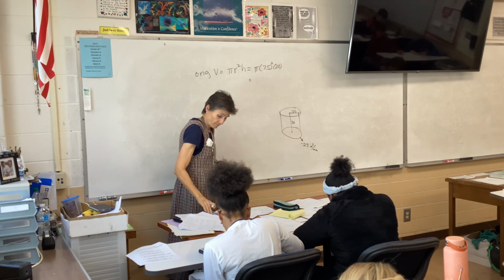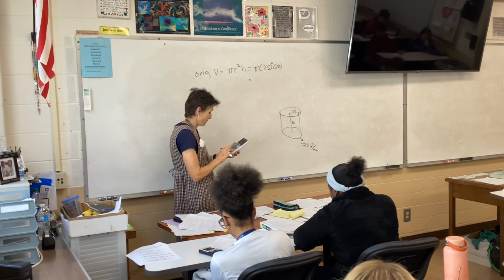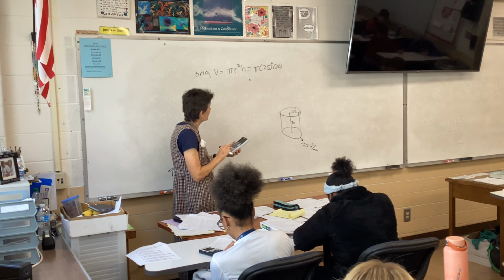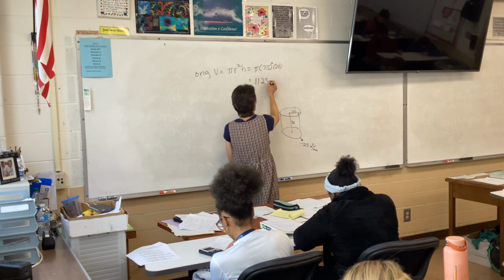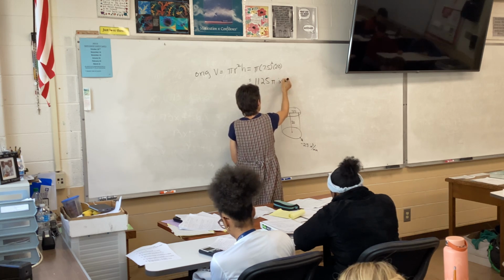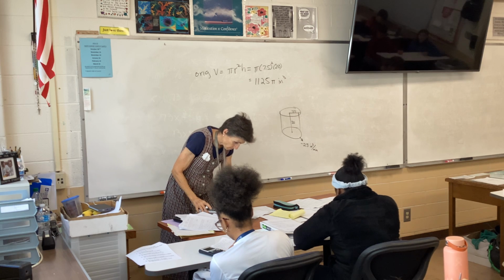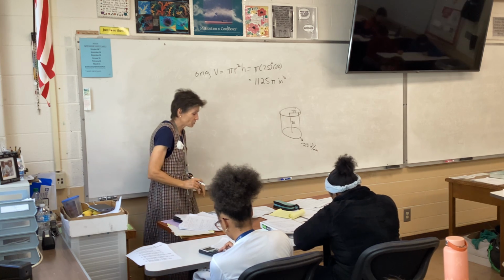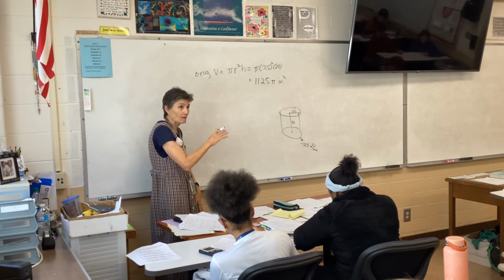So 7.5 squared times 20 is 1125 pi cubic inches. Everything's inches.